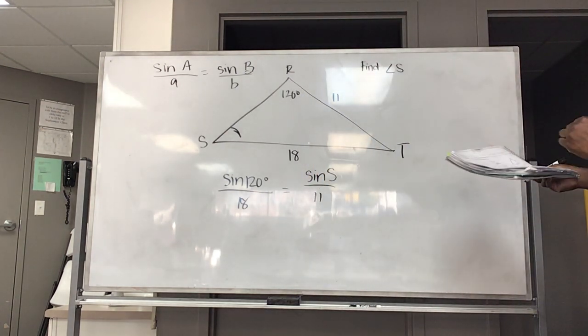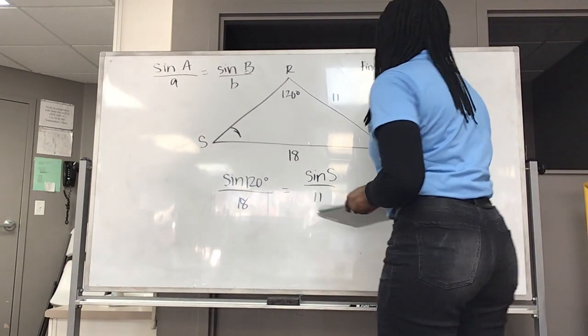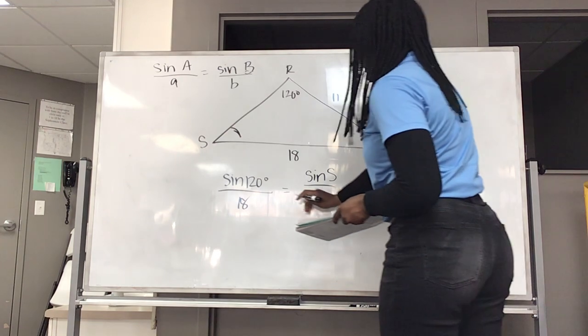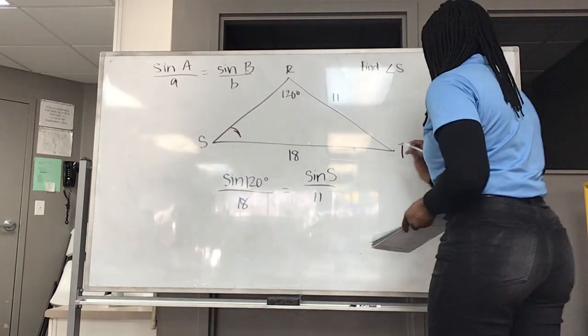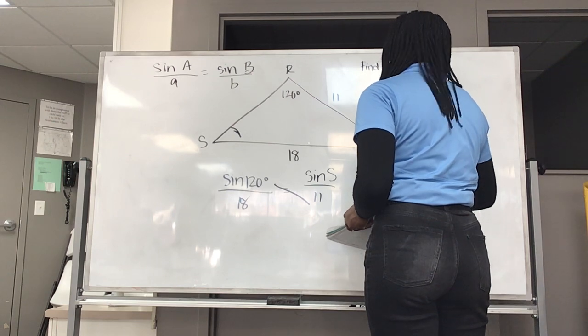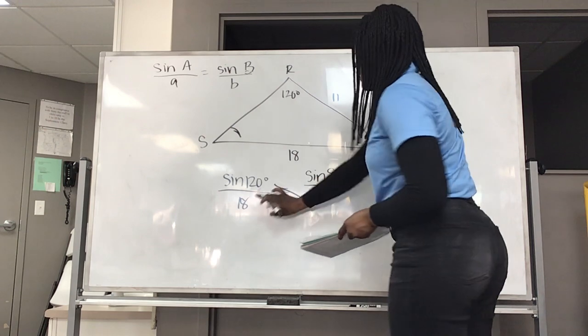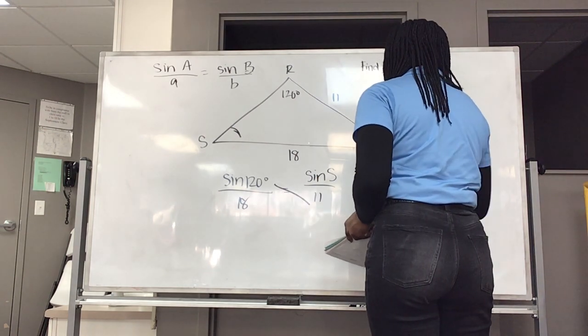Okay. So now if I were to solve it, I'm still going to cross multiply. So 11 times sine of 120 degrees, and then divided by 18.